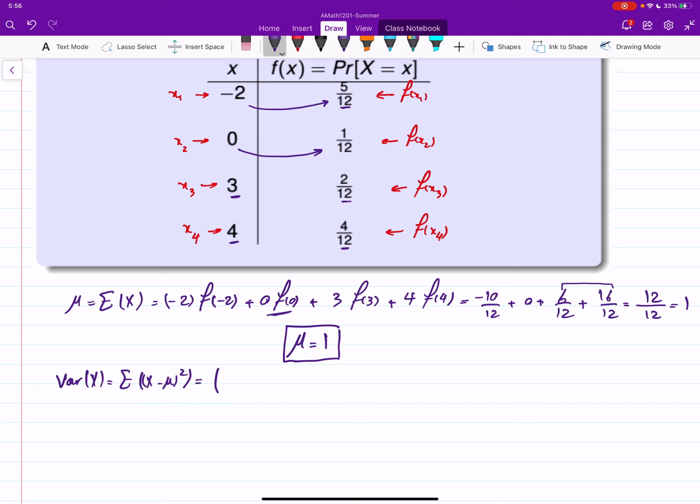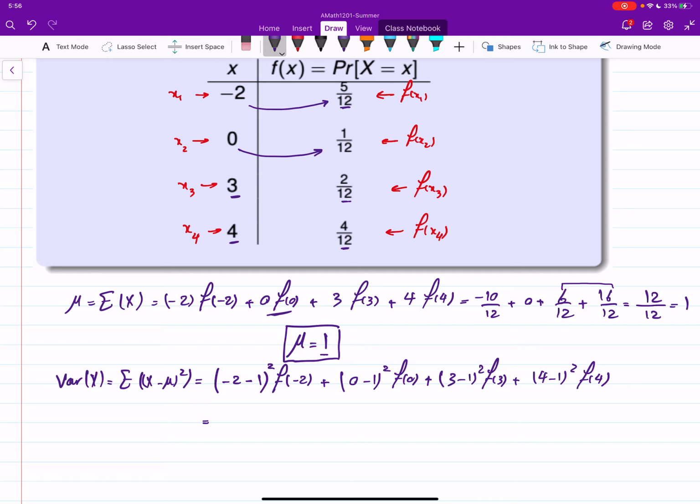So here, the first value is (-2 minus mu) squared times f at -2, plus the second value, (0 minus mu) squared times f at 0, plus (3 minus 1) squared f at 3, (4 minus 1) squared f at 4.